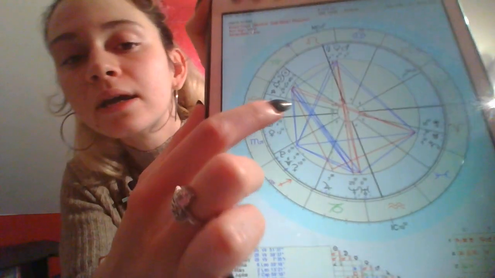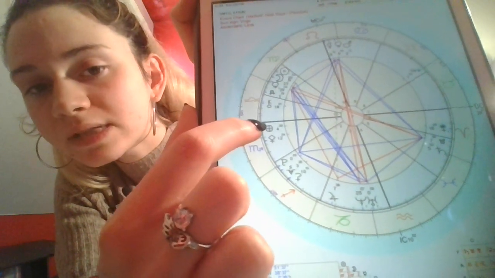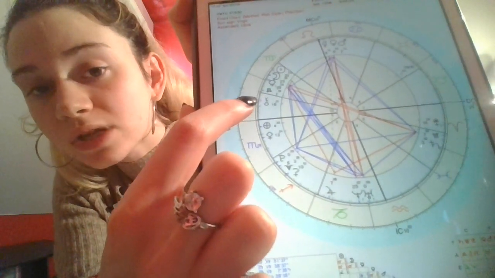Now, you can look at the moon. What else do you look at? You look at your 12th house for sure. I'm going to make a list and it's going to be in the PDF. The cusp of the 12th house, meaning this line right here that indicates the 12th house right before the ascendant, falls in Libra. You look at the sign it falls in, and each country in the world is ruled by different zodiac signs.